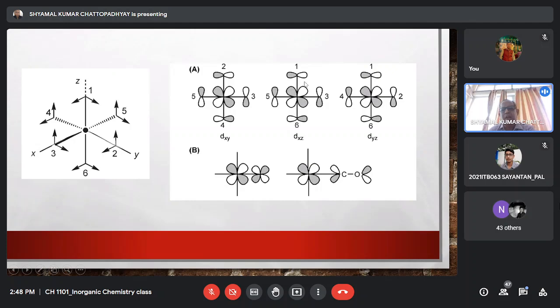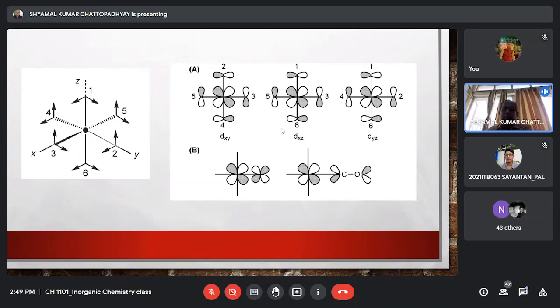Again, corresponding to the dxz orbital, we have 4 p orbitals of 4 ligands which can overlap laterally, resulting in pi bonding. So the T2G orbitals have appropriate symmetry to overlap laterally with the p-pi orbitals of the ligand, and so they may participate in pi bonding.